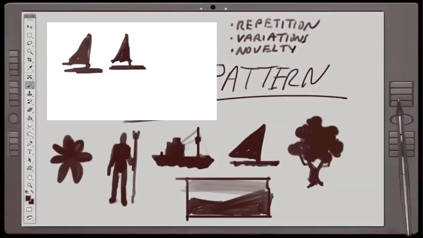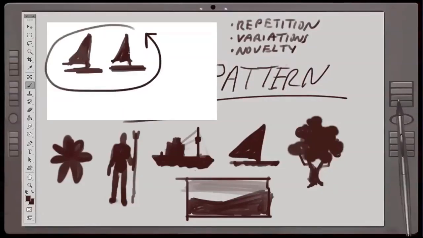So what I have here is repetition, which is one of the ways you can combine shapes. You can combine them to form repetition, which I just did. It's not exact repetition. I'm not being precise here. And the sailboat is an object.